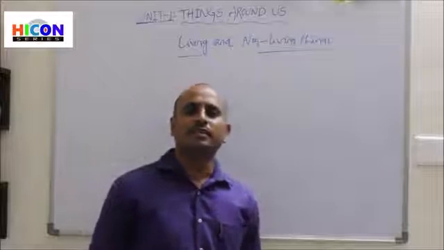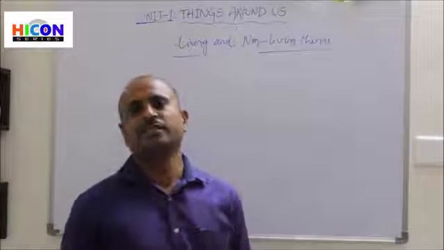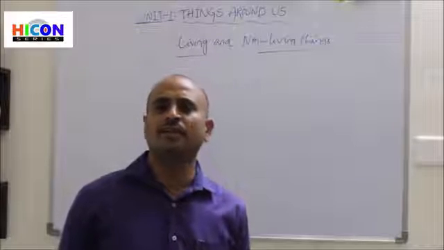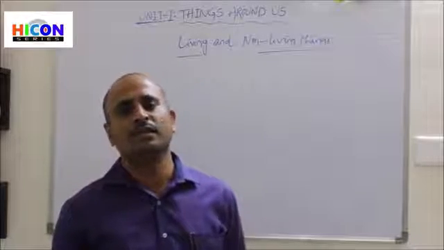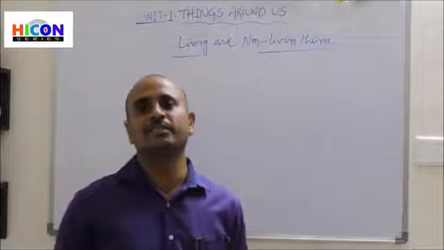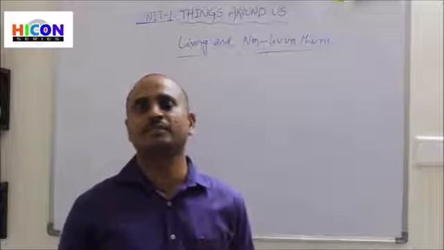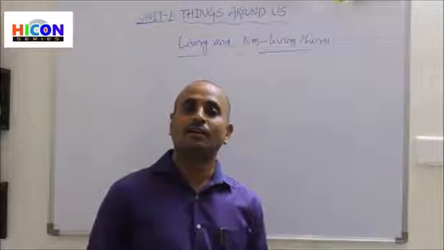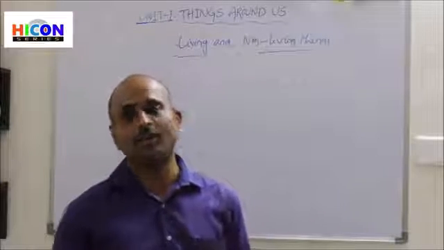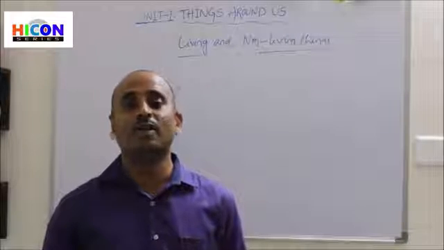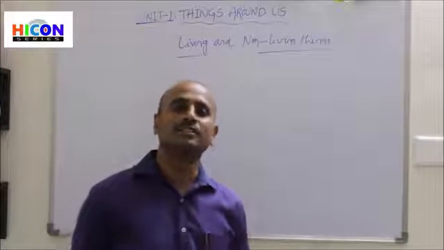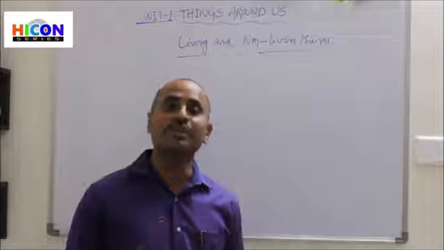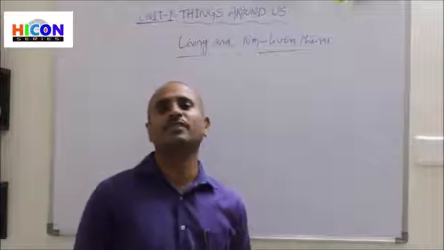So children, in the previous episode, we learned about the different things we are observing: what are living things and non-living things, what are the characteristics of living things and non-living things, what are the examples, and what are the similarities between living things and non-living things.